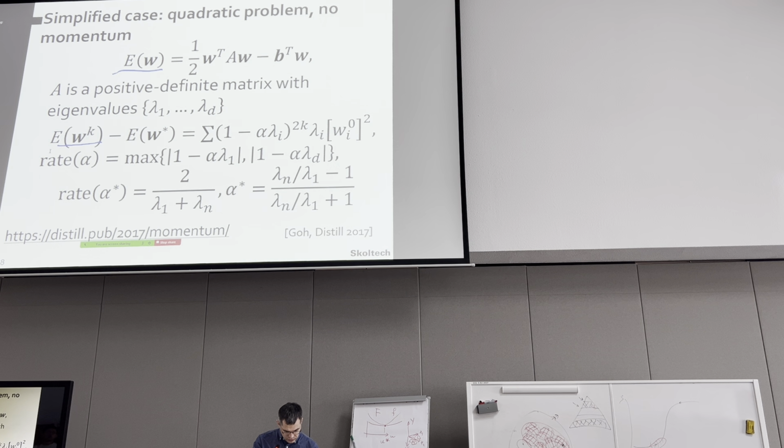Then w star is the value of the input vector that corresponds to the minimum value of this function E of w. We are interested in how fast we converge to the true value, and in this case, we can describe the rate of convergence in an analytical way.